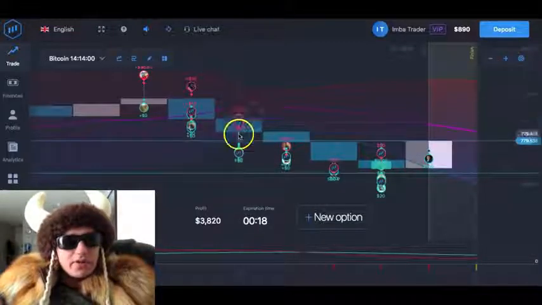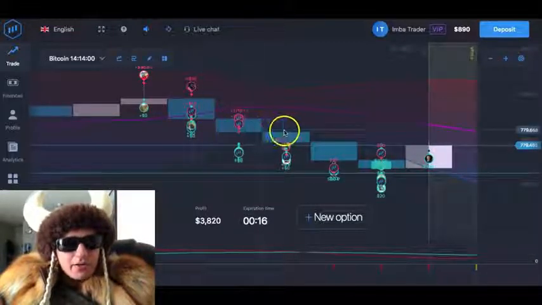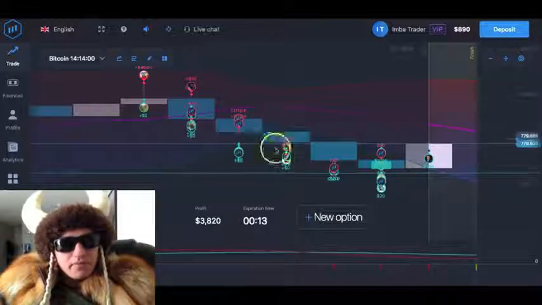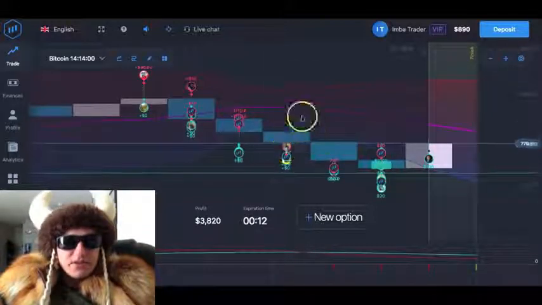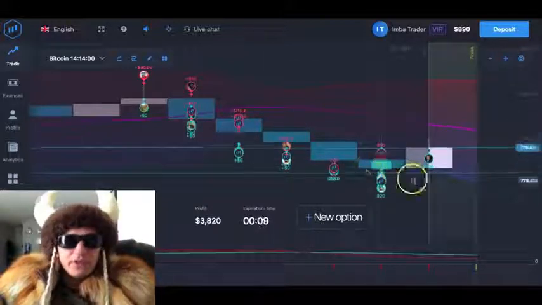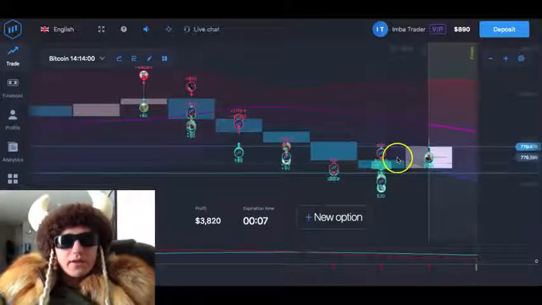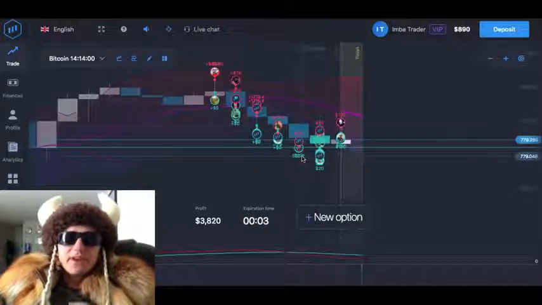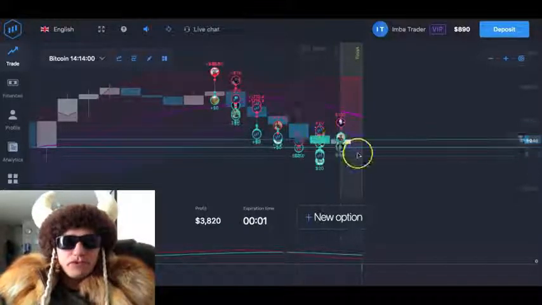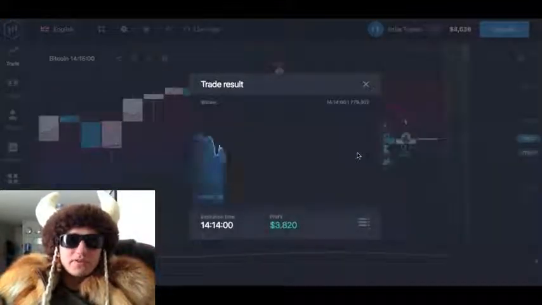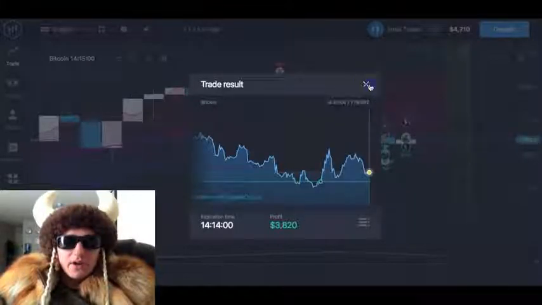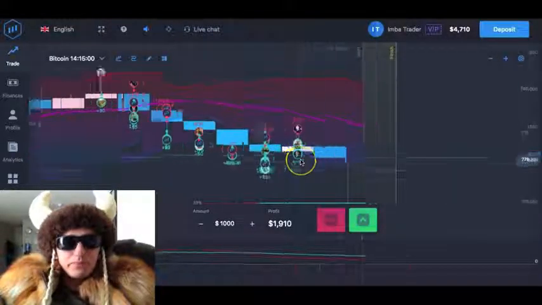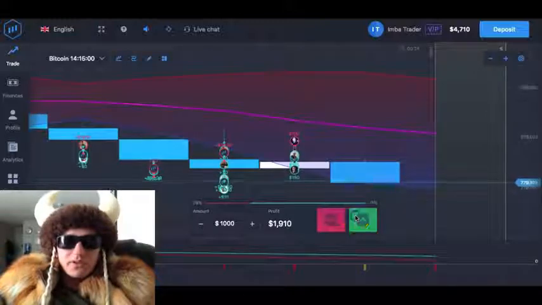And what happened here, that it crossed the line, it was out of the line during the second period, during the third, and during the fourth. And this is actually like a perfect sign for us to proceed. That's why I was pretty much confident that I need to continue with the call stake.